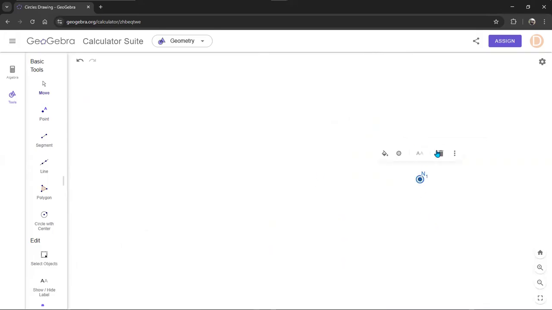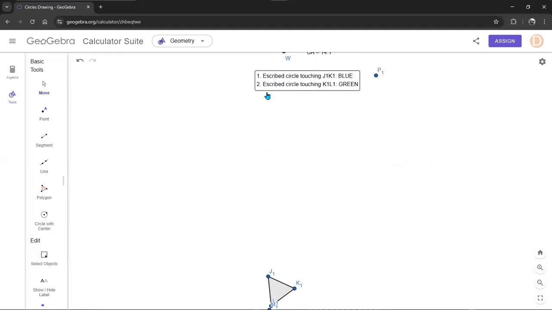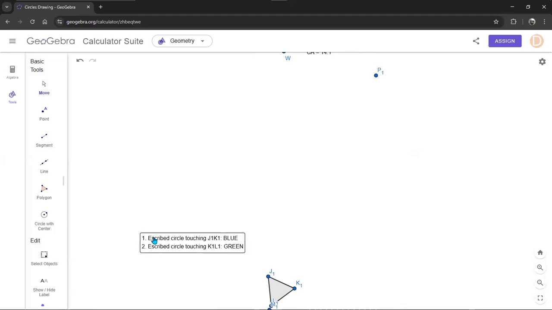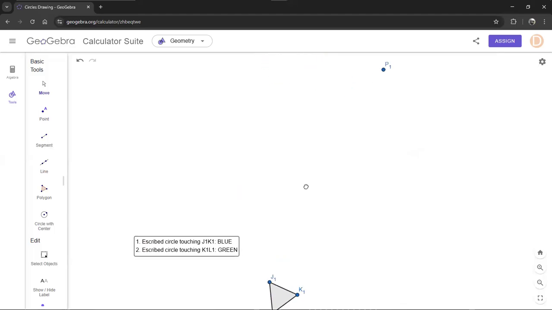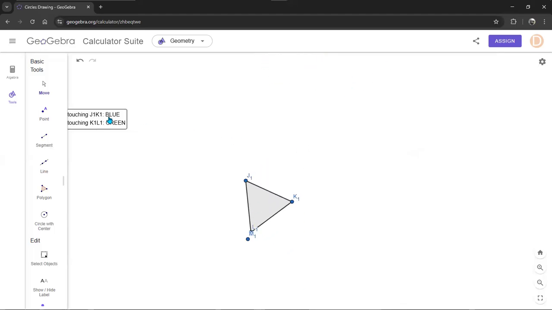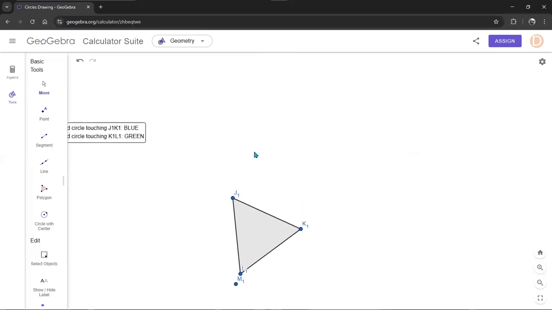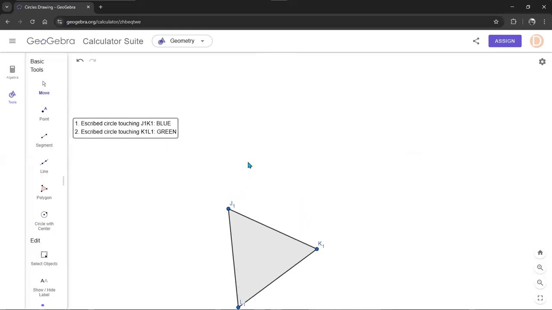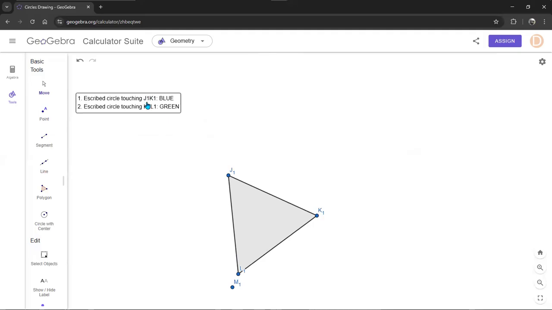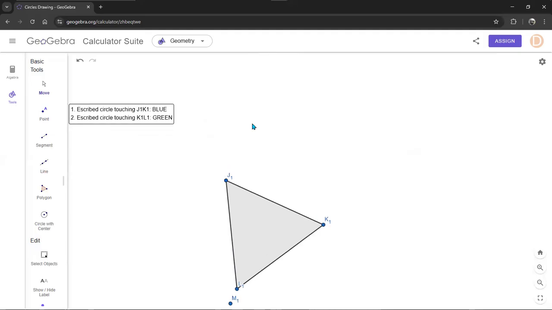So let's delete these points. So we had the instructions. So I want to cut them because they are part of here. I want them to be close. So this is it now.